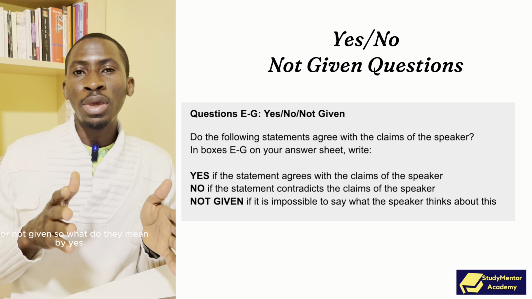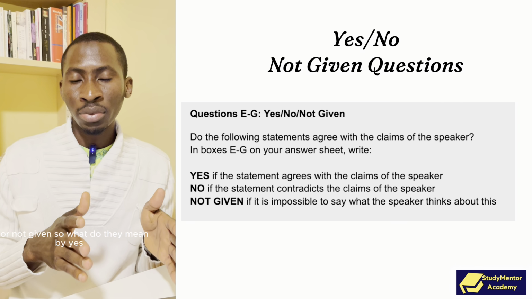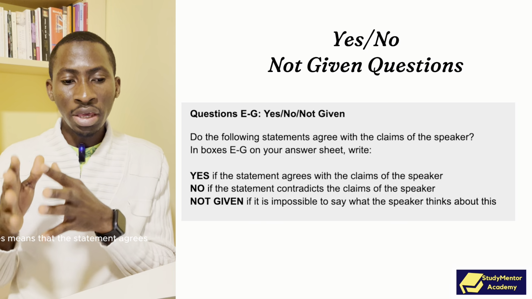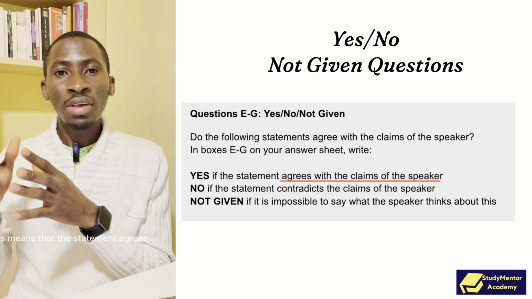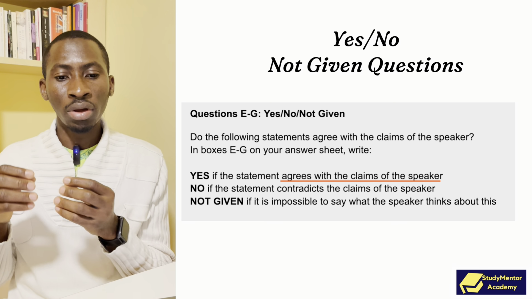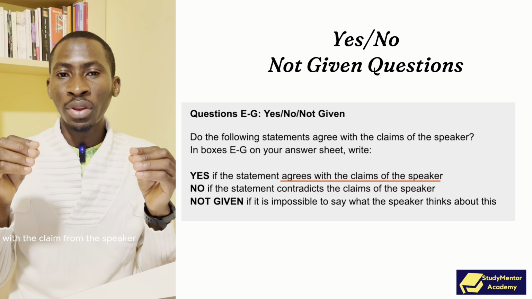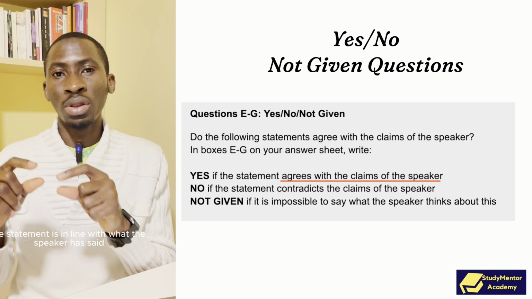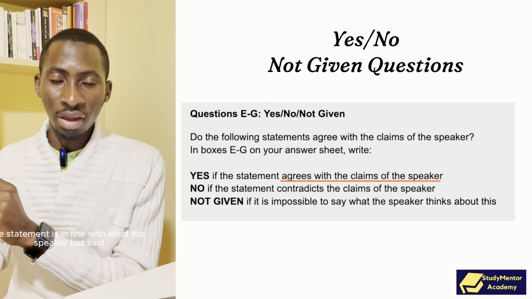So what do they mean by yes? Yes, as you can see in the slide, means that the statement agrees with the claim of the speaker. So the statement is in line with what the speaker has said.